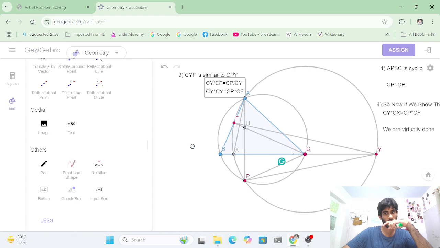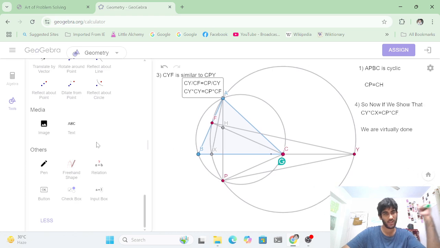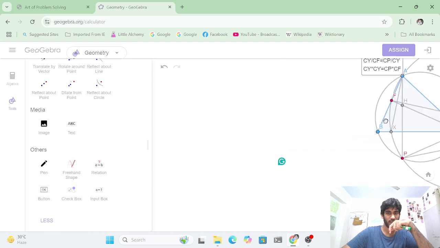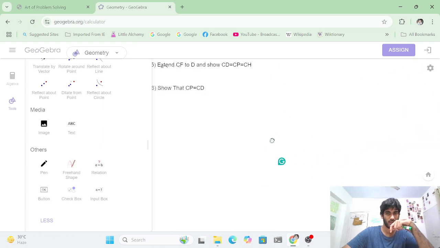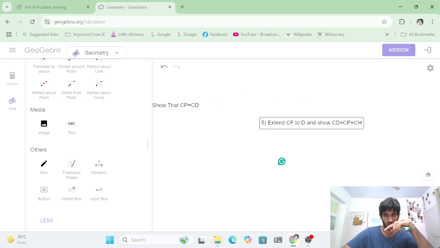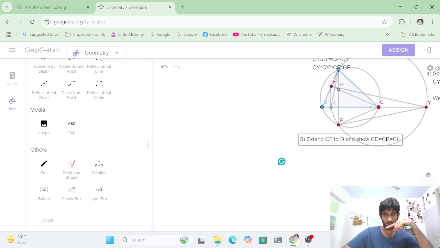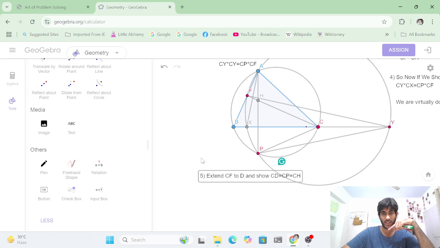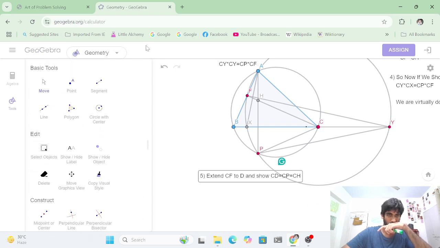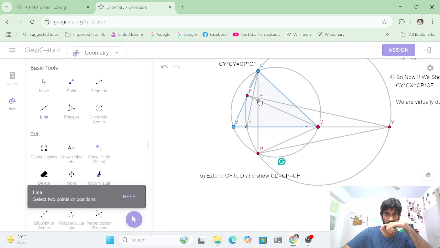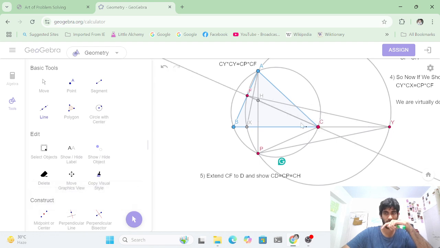So how do I go about this? Very naturally, I use the power of a point. Now how do I bring a power of a point into this problem? That will be to get the point on CH or CF.